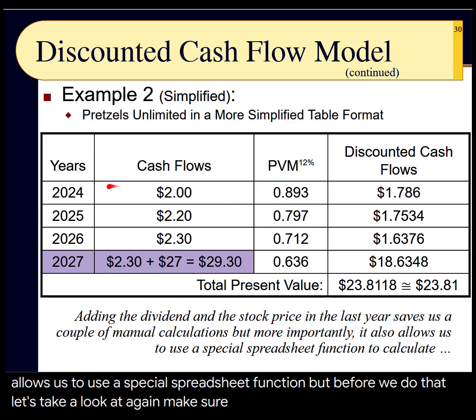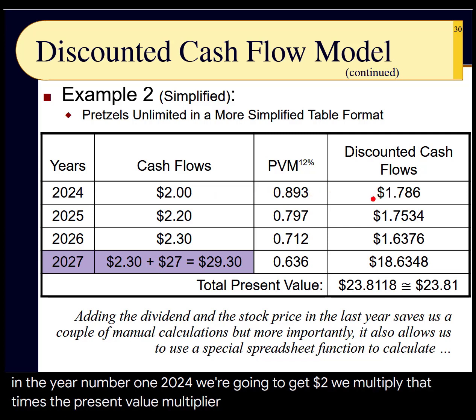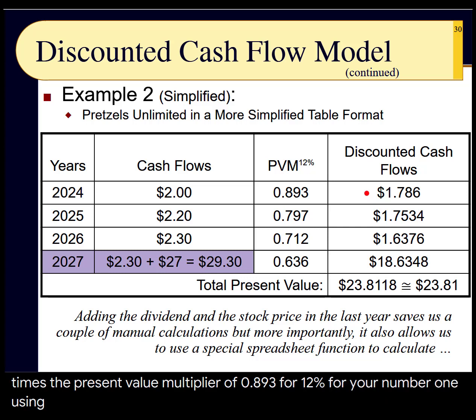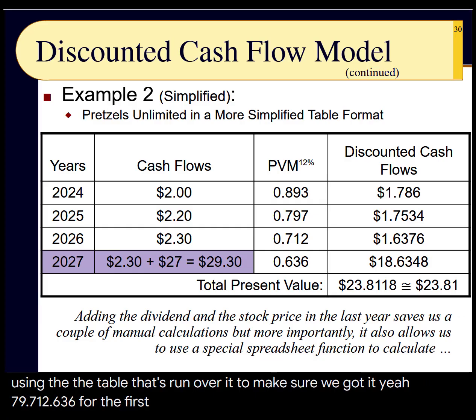Make sure we understand. In year number 1, 2024, we're going to get $2. We multiply that times the present value multiplier of 0.893 for 12% for year number 1 using the table. Let's run over it to make sure we got it. 0.893, 0.797, 0.712, 0.636 for the first 4 years.